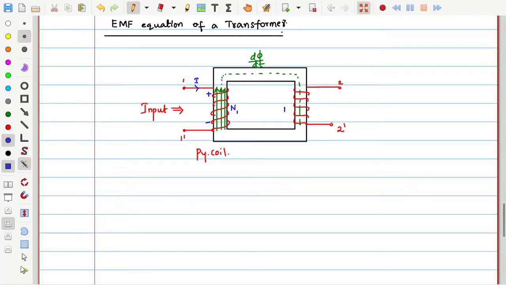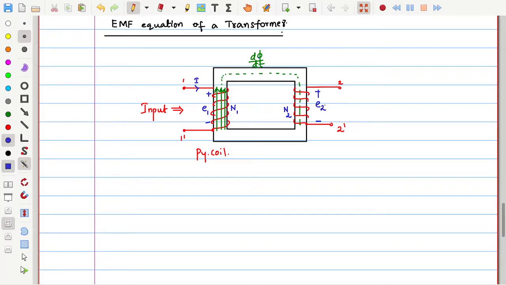Similarly, if the secondary coil number of turns is N2, then the same rate of change of flux into N2 will give the induced EMF inside this coil, which may be some other induced EMF. Let us say this is E1, this is E2.